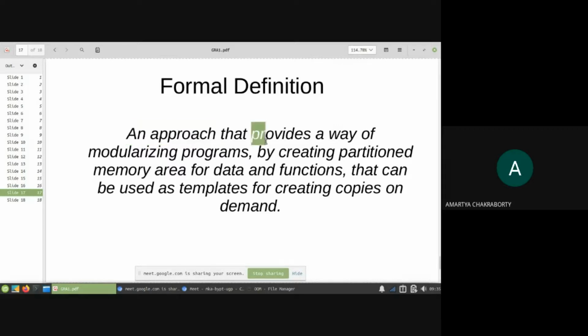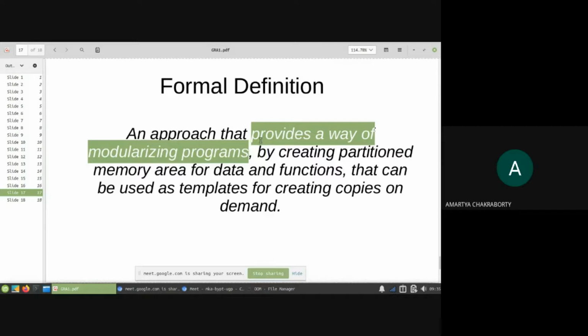That provides a way of modularizing programs. So object-oriented programming is an approach which provides us with a way of modularizing programs. Given any particular huge program, we can modularize it. What does modularizing mean? It means breaking it down into small parts so that we can efficiently handle the problem, right?